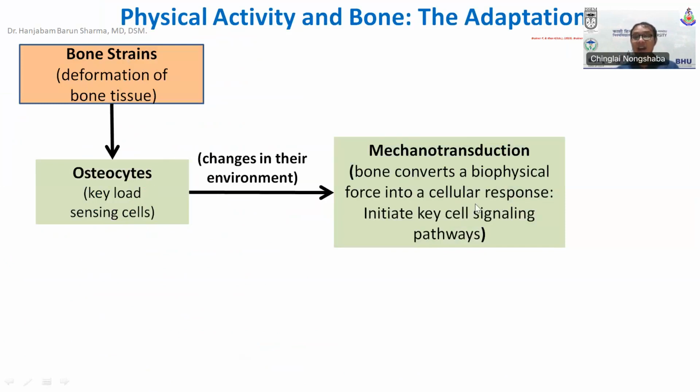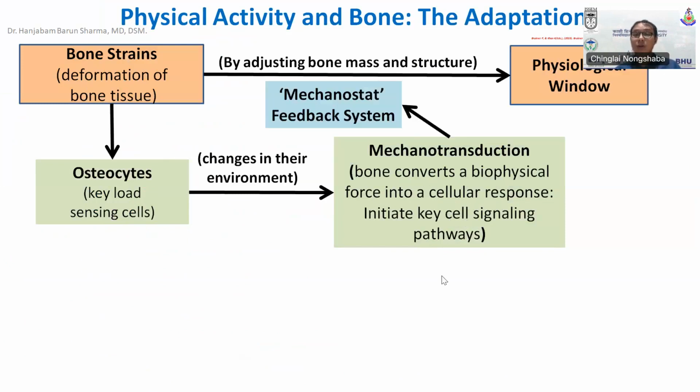They sense it, and after that mechanotransduction happens, that is, the bone cells basically convert the biophysical force into a cellular response by initiating different key cellular signaling pathways, and also by what is known as the mechanostat feedback system. There occurs an adjustment in the bone mass and structure depending upon the mechanical stimuli, and everything has to be so that the bone stays within the physiological window.